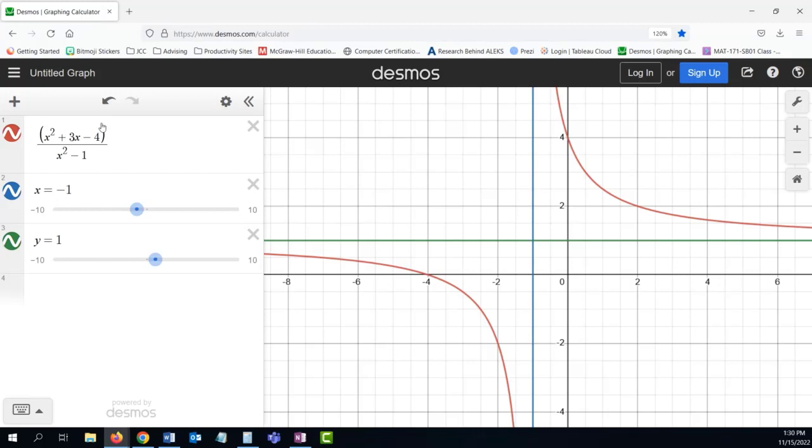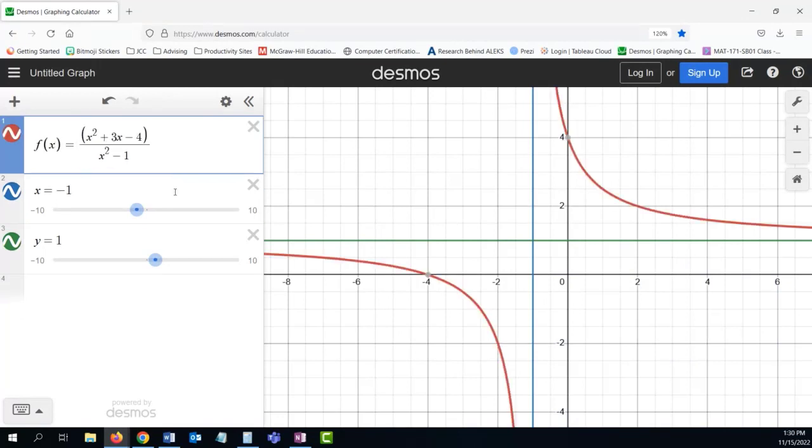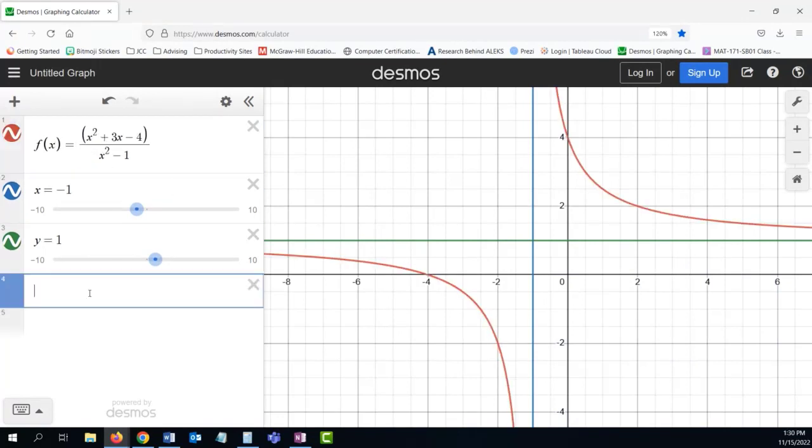All right. The other thing I mentioned, I'm going to name this function real quick so that I can use features. So f of x is x squared plus 3x minus 4 all over x squared minus 1.